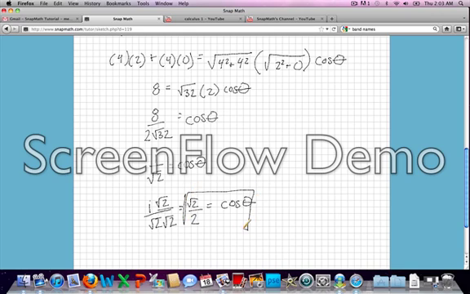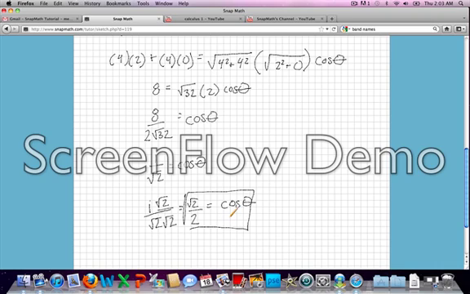Once I have solved for cosine theta, I have one of two ways to solve for theta. If I recognize it as a trig function that I can solve for immediately, if it's one of the 3 basic angles that I learned in trig class, I can do it that way. If not, I'm going to have to use an inverse trig function.